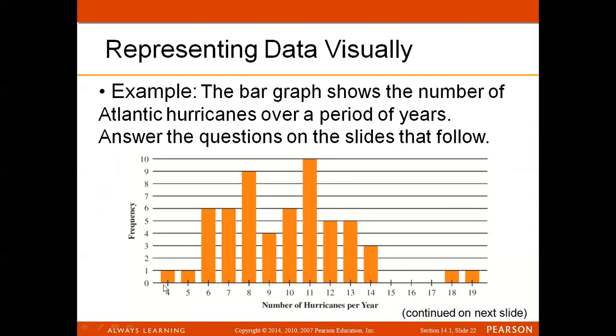So there were 4 hurricanes reported once. There were 5 hurricanes reported once, 1 year, right? In 1, 2, 3, 4, 5, 6 individual years, 6 hurricanes were reported. In 10 individual years, 11 hurricanes were reported. Okay, got it.